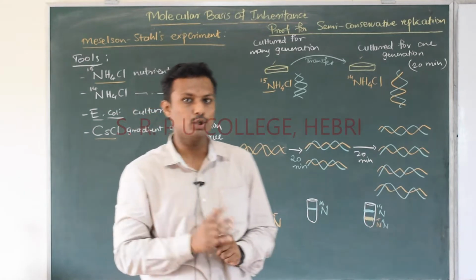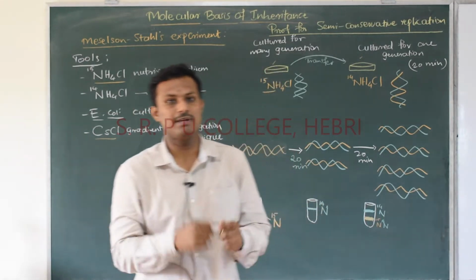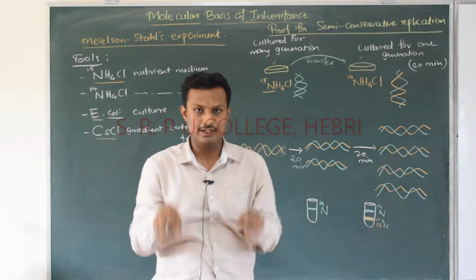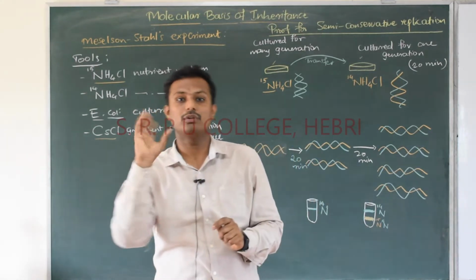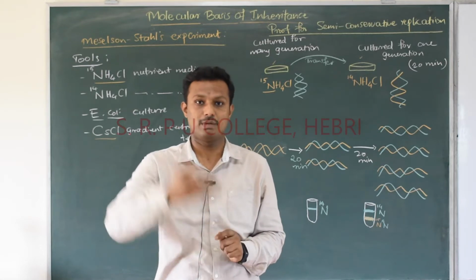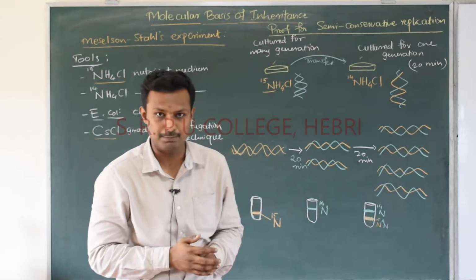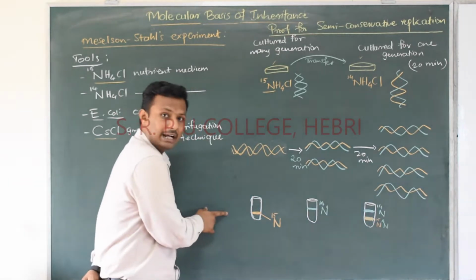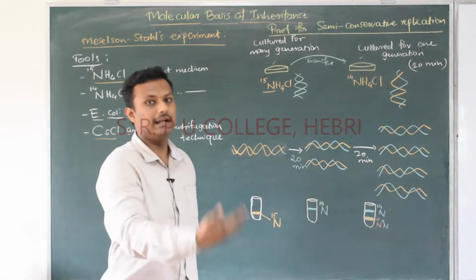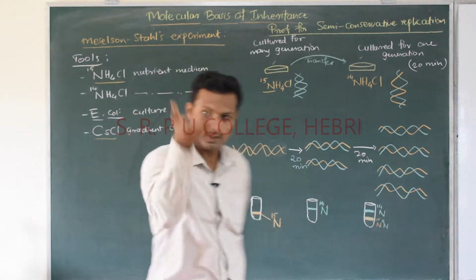I have already told you what centrifugation is. You take the sample in test tubes, put it in the centrifuge, and rotate it at a very fast RPM, maybe 5,000, 6,000, up to 10,000 or 15,000 RPM. When you do that, obviously the heavier particles settle down and the lighter particles come up.